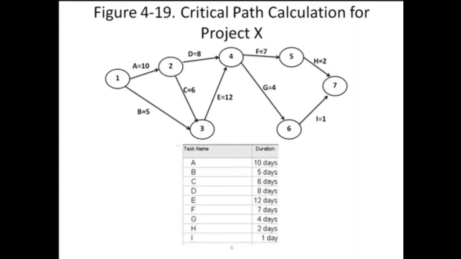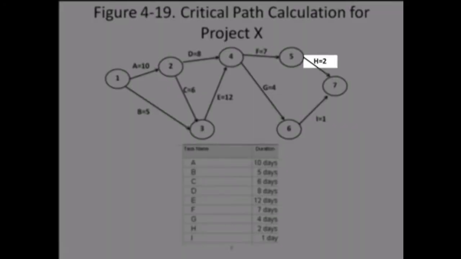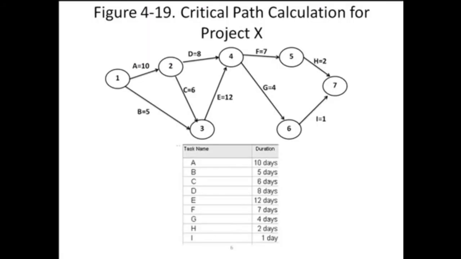You can see each one of the activities are listed in the critical path method, but with the added information of dependencies. Activity H depends on activity F's completion. Activity F depends on activity D's completion, and activity D depends on activity A's completion. This is what is meant by dependencies of the activities, and all of the paths work this way.